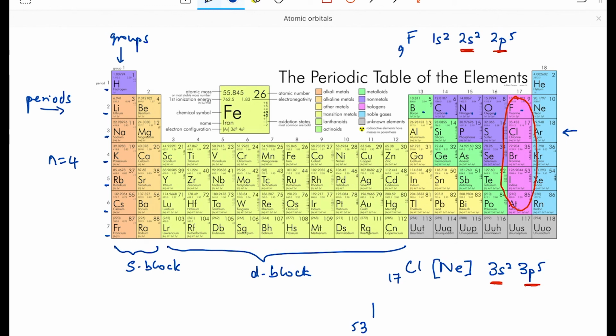It's a trick question, because all we need to do is look at elements higher up in the same group. I can see that iodine is in group 5, and I can see that the noble gas before it is krypton. So I can quite simply say it's going to be krypton, 5s2, 5p5, because it's following exactly the same pattern as the other elements in that group.